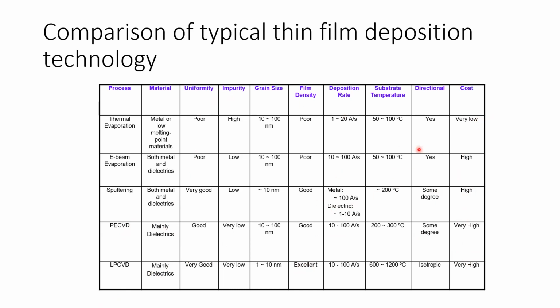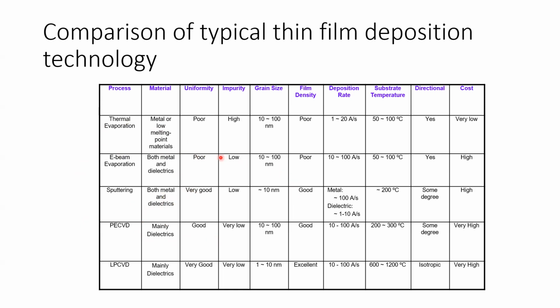And PECVD and LPCVD have poor directionality, meaning very good step coverage, which is desirable in IC fabrication, especially for metal layer deposition. And for uniformity, PVD is normally poor, and CVD is better.